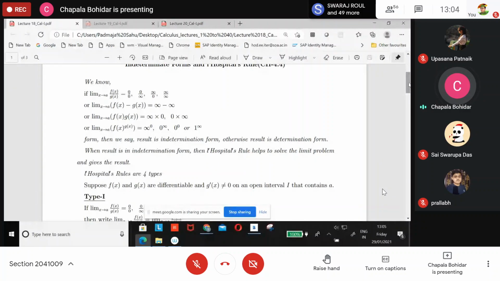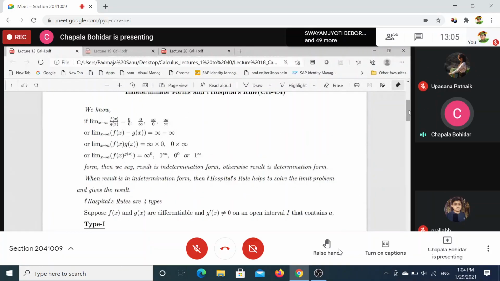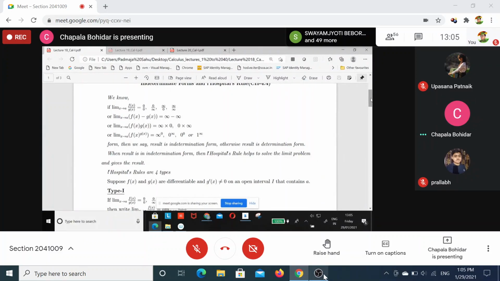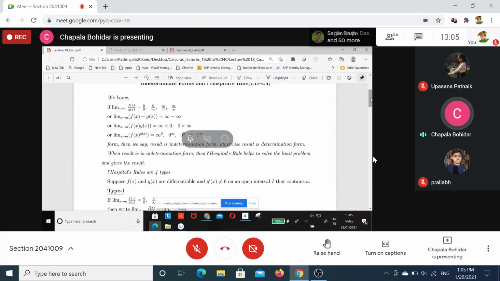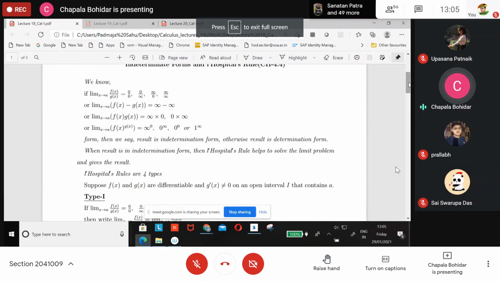If limit x extends to a, f(x) by g(x) is in the form of 0 by 0, 0 by infinity, infinity by 0, or infinity by infinity; or limit of f(x) minus g(x) is in the form of infinity minus infinity; or limit of f(x) g(x) is infinity into 0 or 0 into infinity; or limit of f(x) to the power g(x) is in the form of infinity to the power 0, 0 to the power infinity, 0 to the power 0, or 1 to the power infinity.